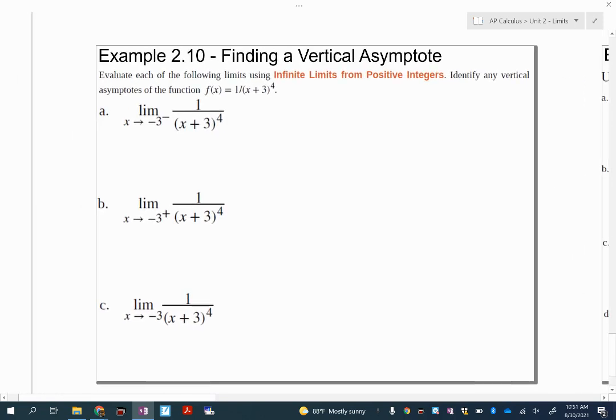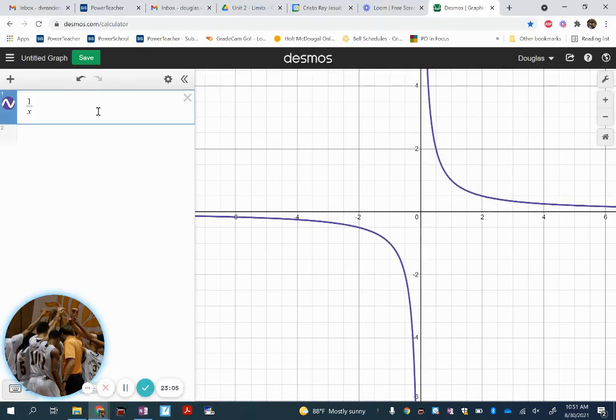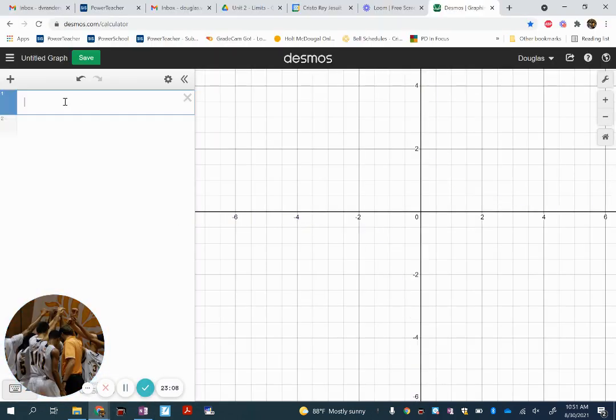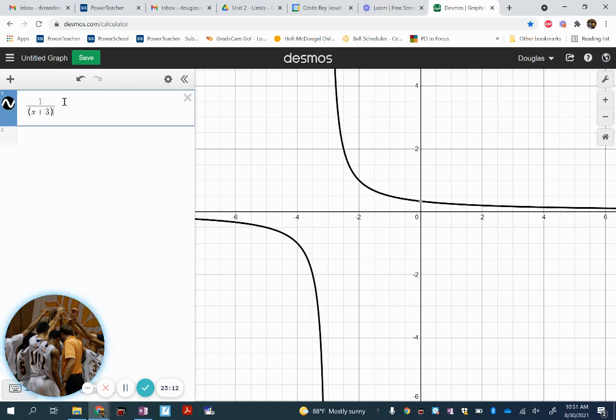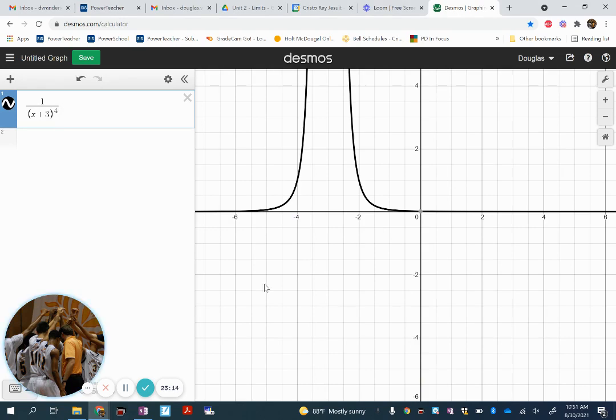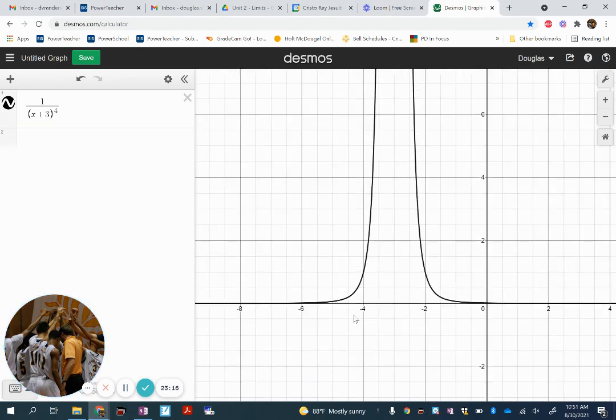If I were to plug in 1 over x plus 3 to the 4th power, you should see that as we approach negative 3 from the left, we're going up towards infinity.